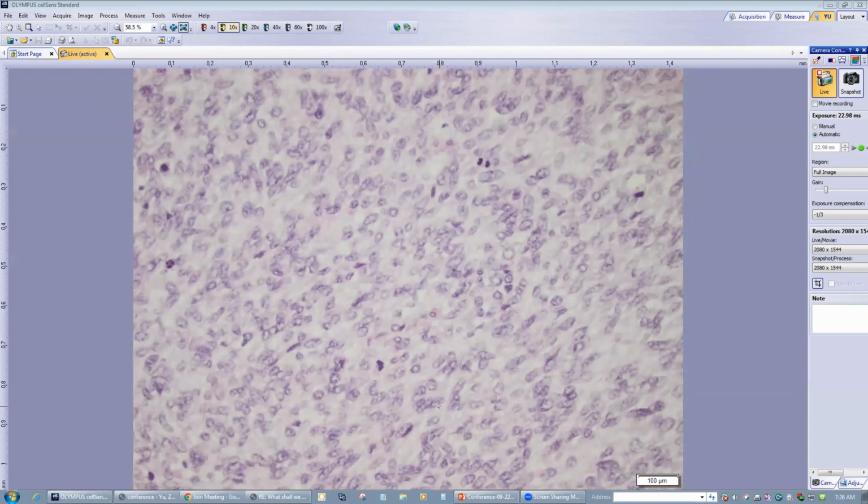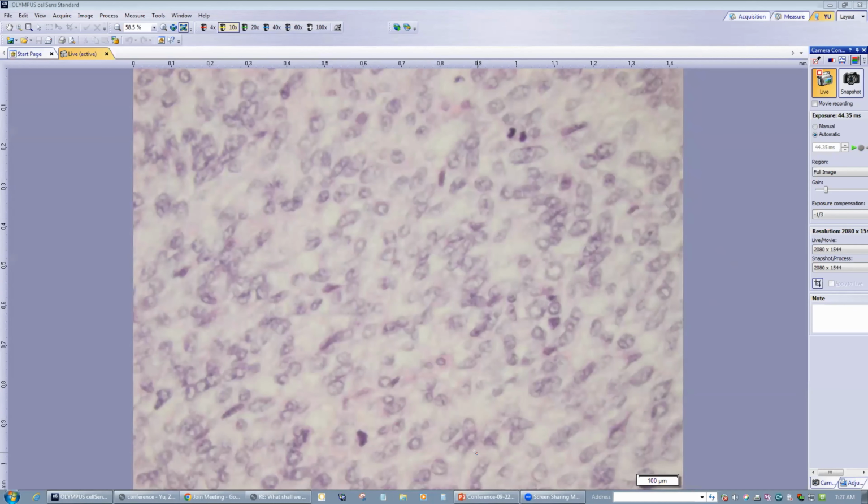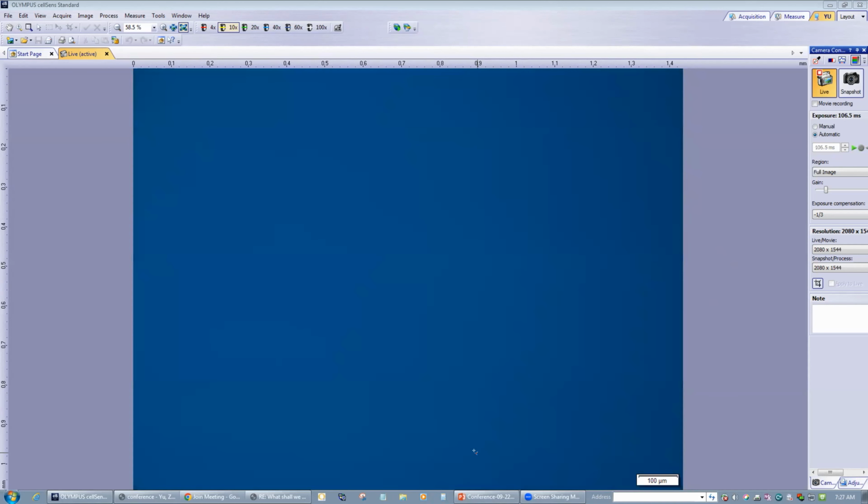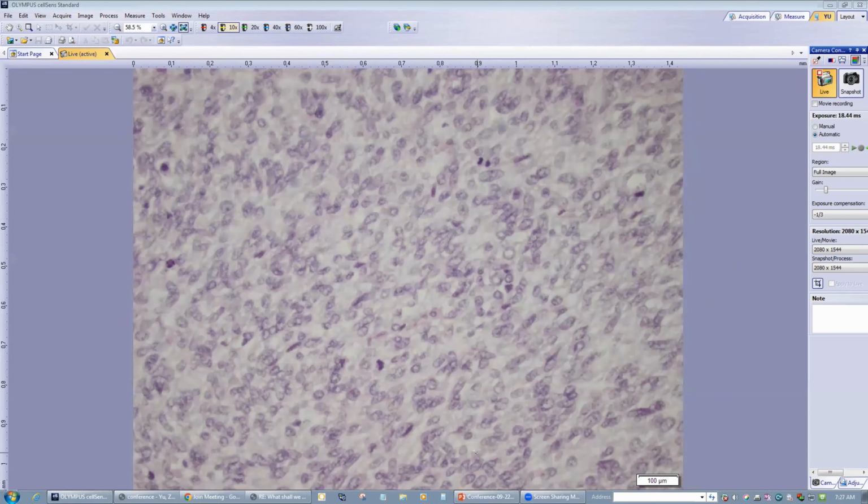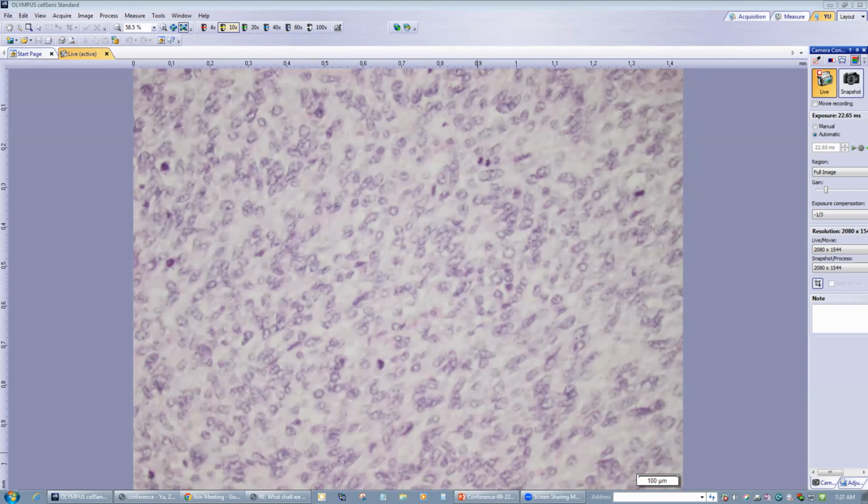Get the feeling? Mitosis, mitosis, mitosis. The mitosis compared to the last one is increased. Here is a clearer look at 40x. That's the morphology, but the overall cell morphology is still bland. It's not very highly pleomorphic.